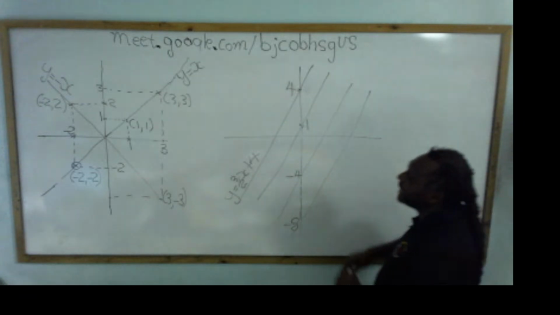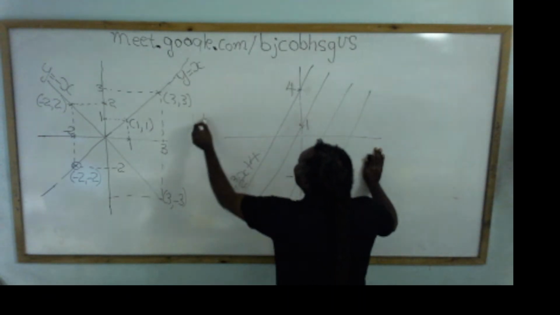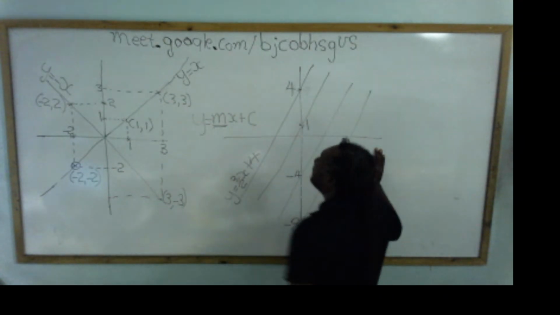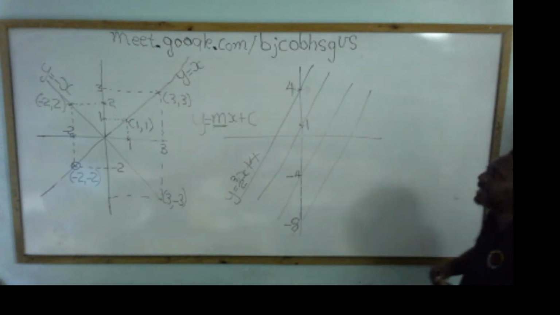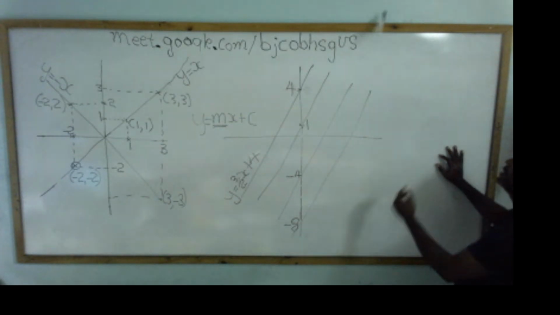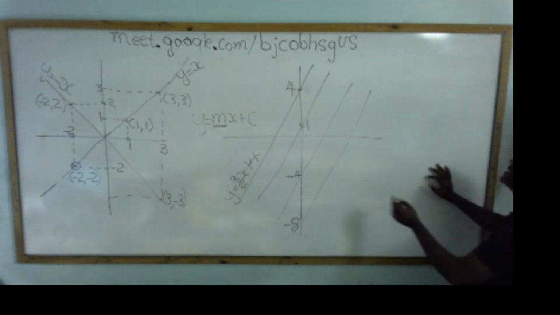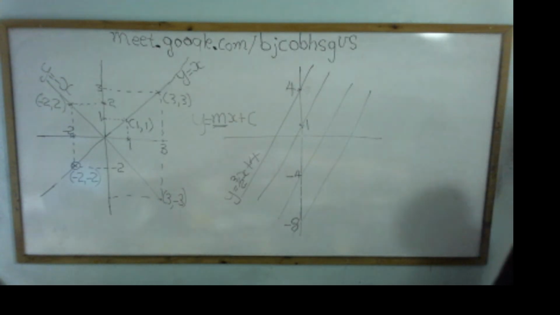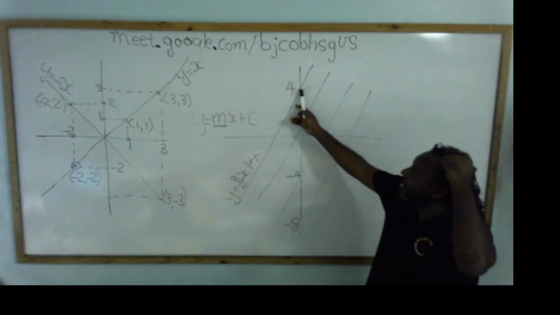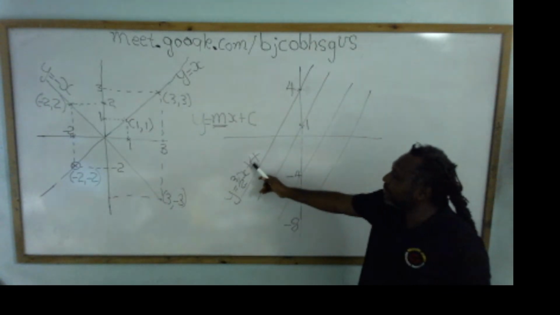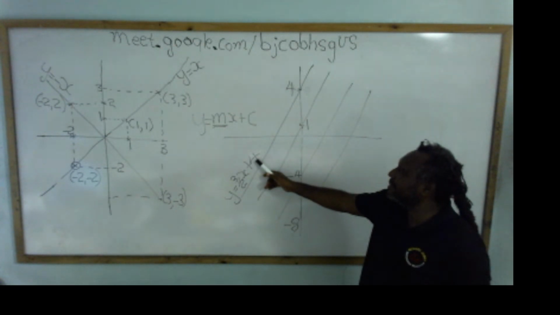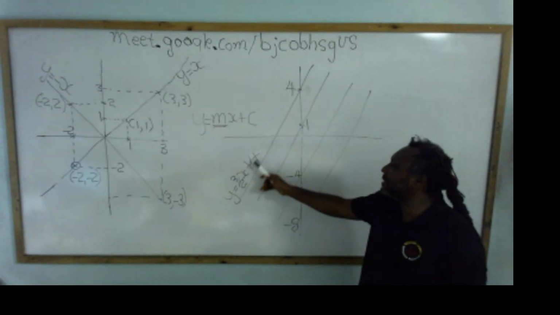And if the equation of the line is in the form y is equal to mx plus c, then the coefficient of x is the gradient. The gradient is the coefficient of x, if it is in the form y is equal to mx plus c. And of course, c is where it crosses the y-axis. So that's why we have plus 4.